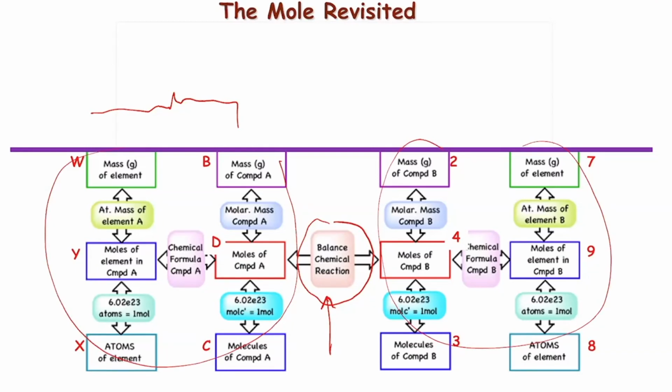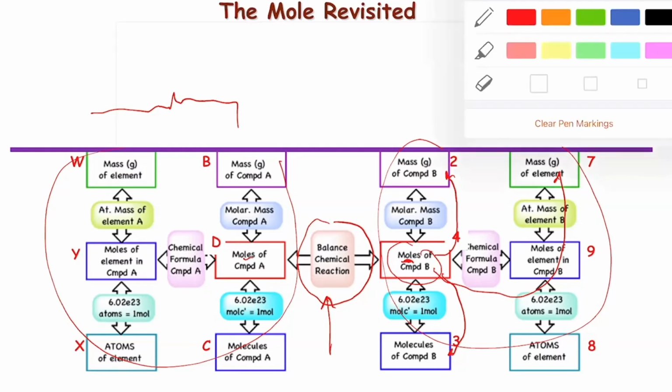That's because once you get to the other side, the other compound, the other chemical, then you will be calculating the moles, because these are the landing points, moles. And then you can calculate the mass or the molecules based on that moles. Or if you have the moles of that compound, you can figure out the mass within the atom of that compound. Okay, so that's what this is all about right here.